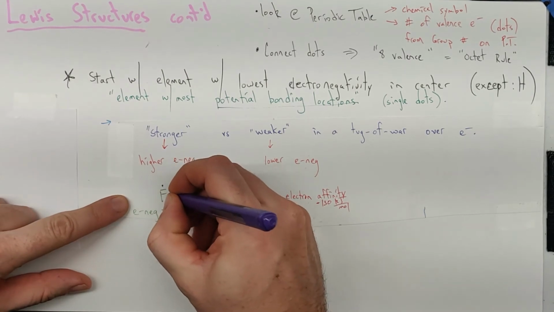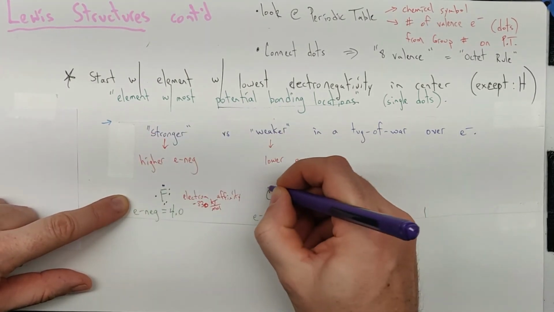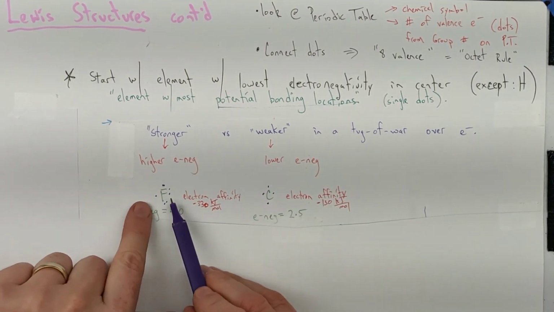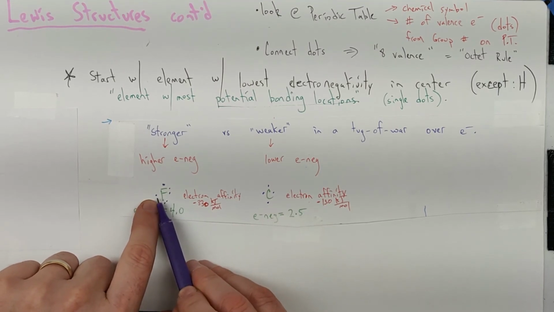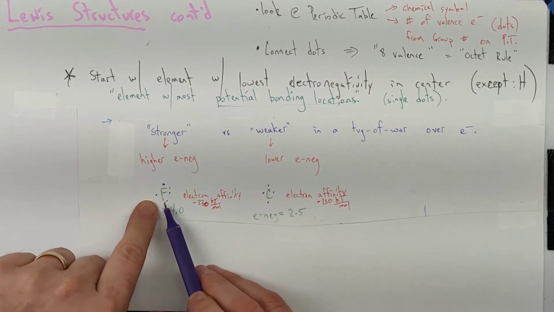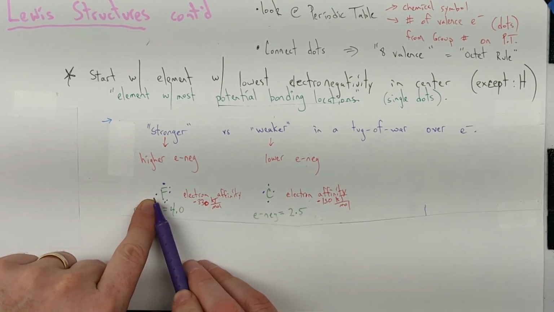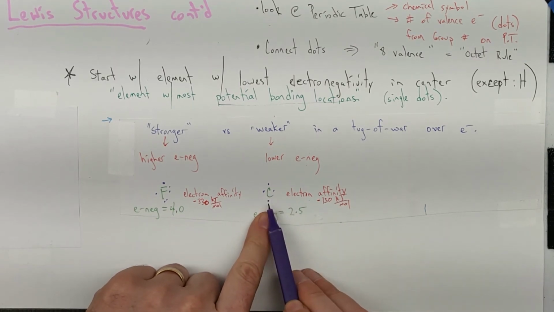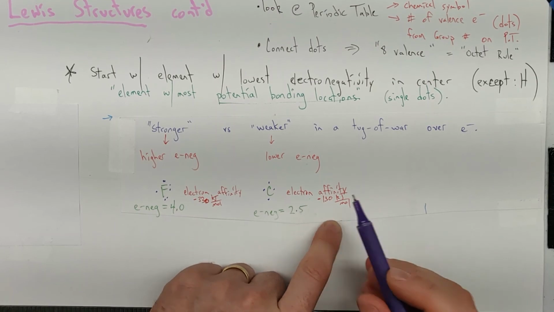Fluorine has 7 valence electrons, group 17 on the periodic table, versus carbon, which has 4. Not only is it more advantageous for fluorine to gain an electron, it only has one bonding location, right? And those two things are tied together. The closer to a full octet it has, the more beneficial it is to gain one electron, all right? This has 4 potential bonding locations, and it has a lower electron affinity.